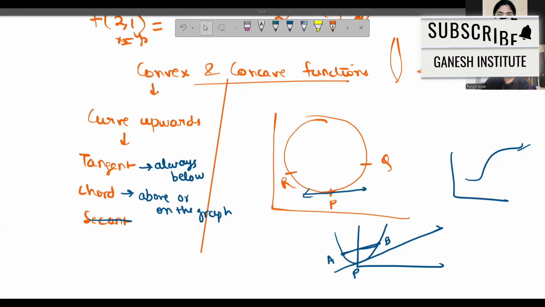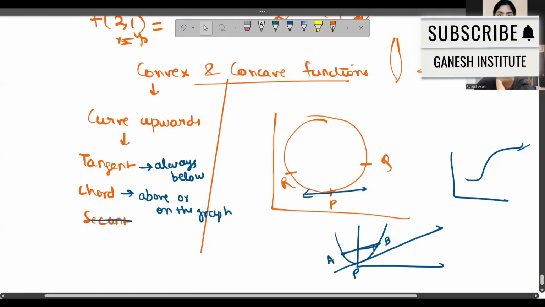Now, if I ask you f(x) equals x squared, I'm sharing my screen so as to show you Desmos. Tell me firstly, is it convex or concave? f(x) equals x squared. It's convex. It's an upward sloping curve.